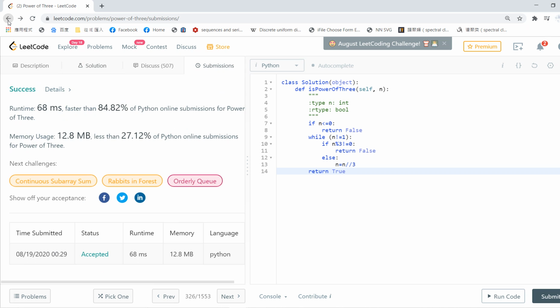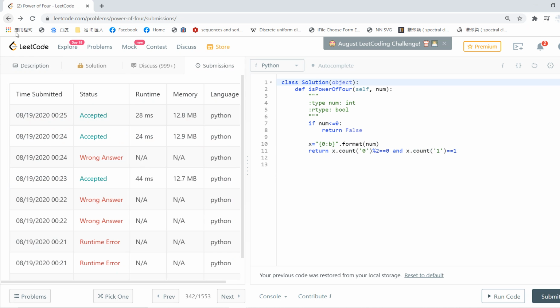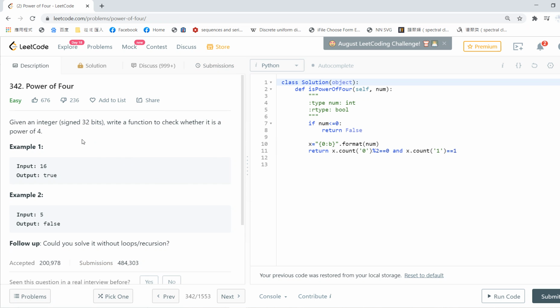Another problem I want to discuss here is called Power of Four. Basically, I wrote a lot, but after that I figured out that we can just change the number into its binary representation. If it's a power of 4, then it must be 1, or 100, or 10000, or 1000000.